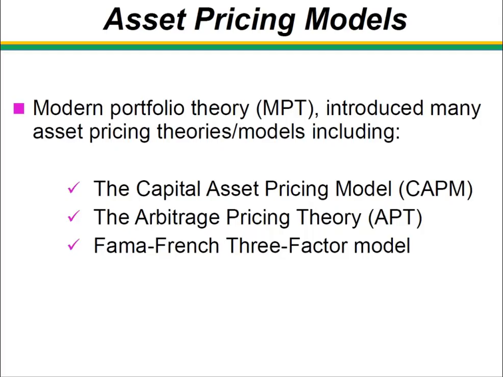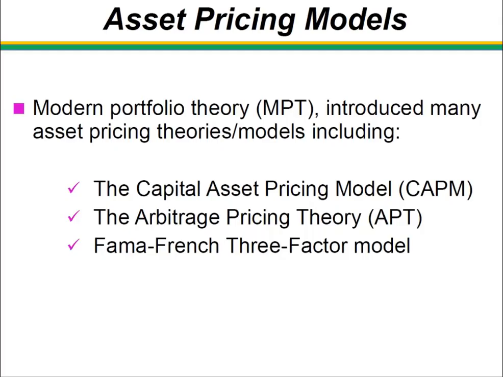Capital asset pricing model was the first major breakthrough, providing a simple but powerful framework for understanding the relationship between risk and return. APT extended this framework to include multiple risk factors. The Fama-French model added additional factors that empirical research showed were important for explaining asset returns.